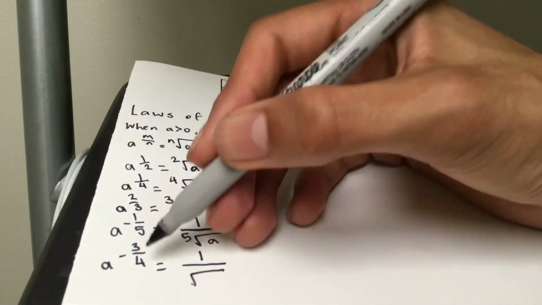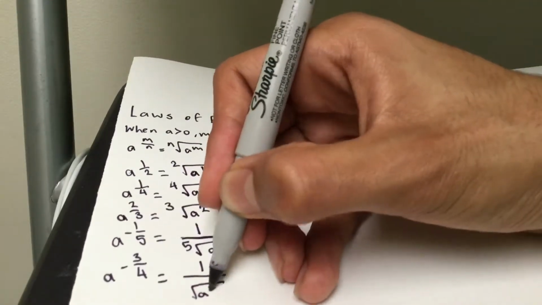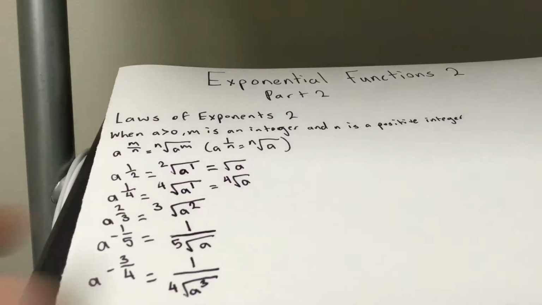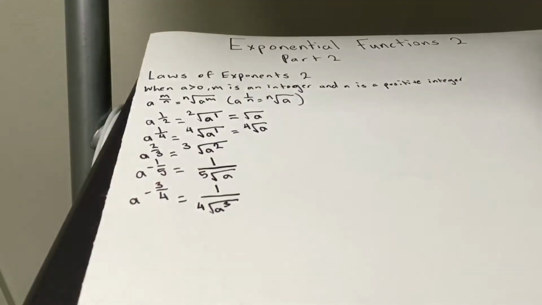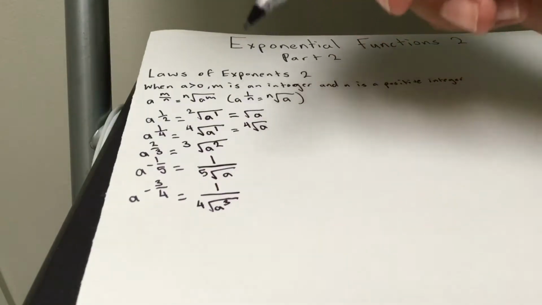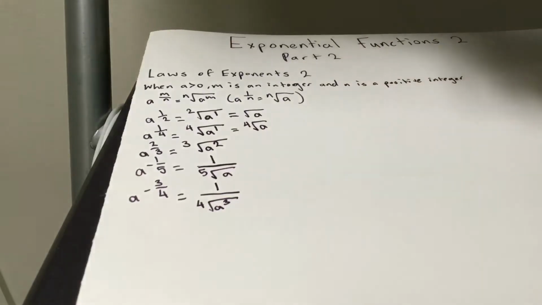So m in this case is 3, so it's going to be a to the 3, and n is 4, so 4. If you're wondering where the negative sign has gone, it's because we've changed it to a fraction. When you change it to a fraction, the negative sign disappears.